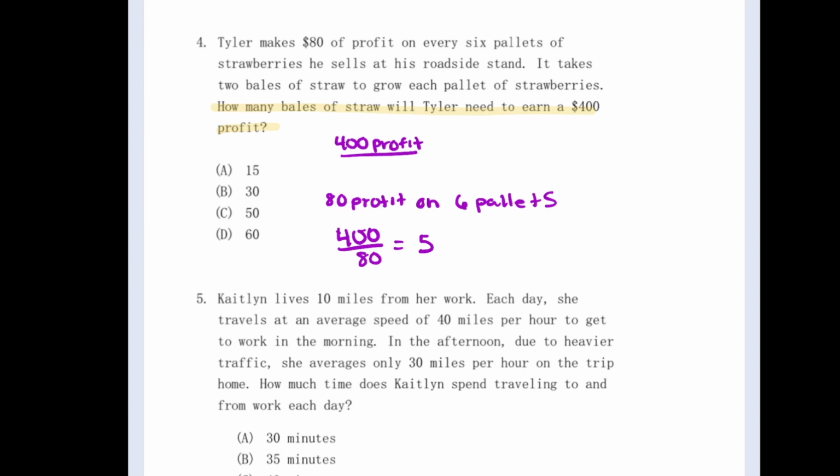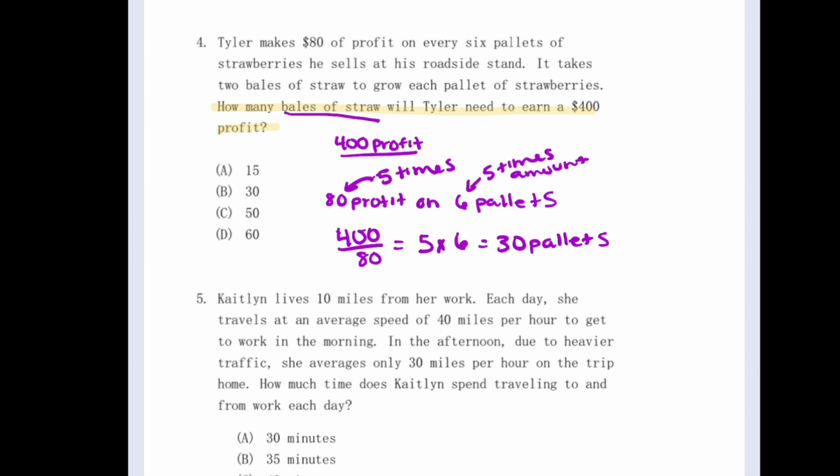So we need 5 times as many pallets as you would need to make $80 in profit. So we're going to take 5 and multiply that by 6, and that is going to give us 30 pallets. If we look back at the question, it's asking how many bales of straw. So it's not asking about pallets, it's asking about bales of straw.